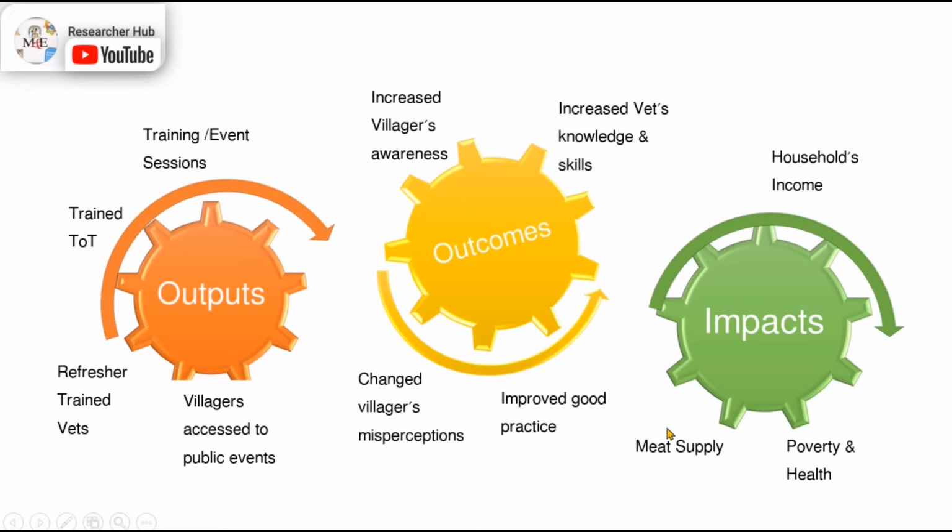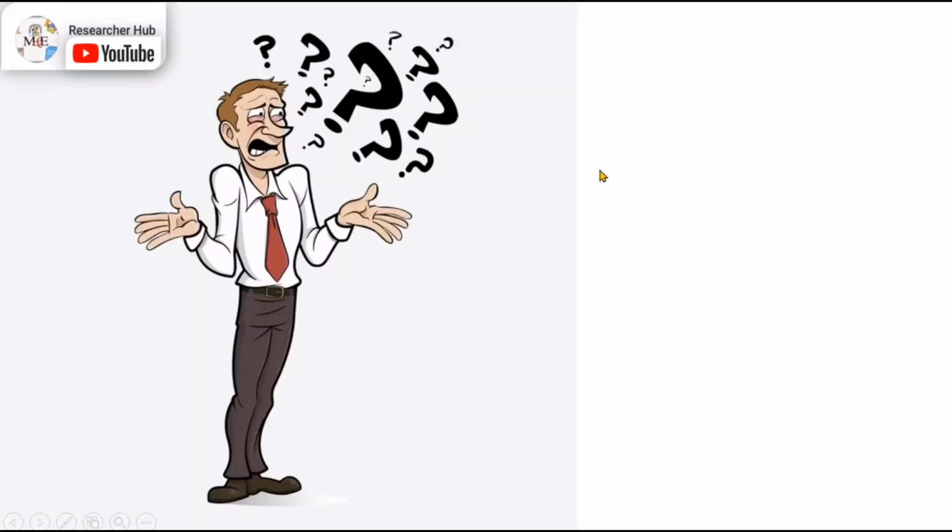So there are 11 things that we would like to have indicators to measure. If you have 3 per one, 3 multiplied by 11, it is 33 indicators already. So in your logical framework, in your M&E plans, you will have 33 indicators.